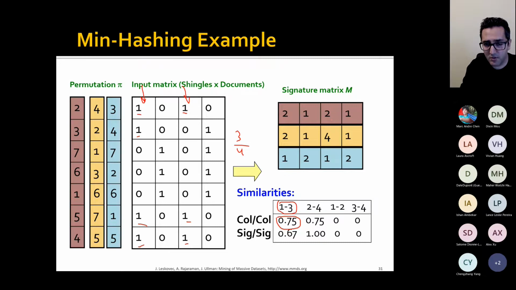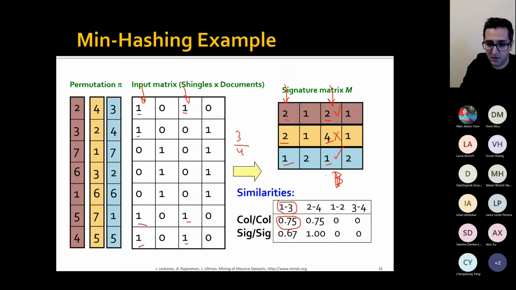To calculate Jaccard similarity from the signature matrix, for documents 1 and 3, you count how many rows match. This row matches, both of them are 2. This one doesn't, so we have a check mark, an X, and another check mark. It's the number of rows where we have a match.